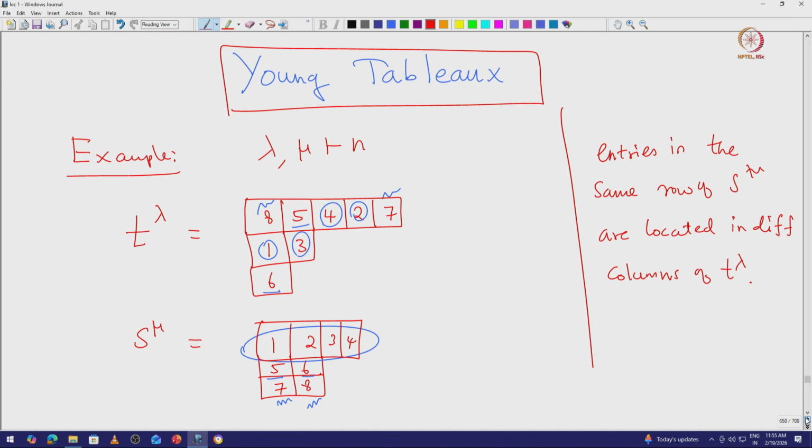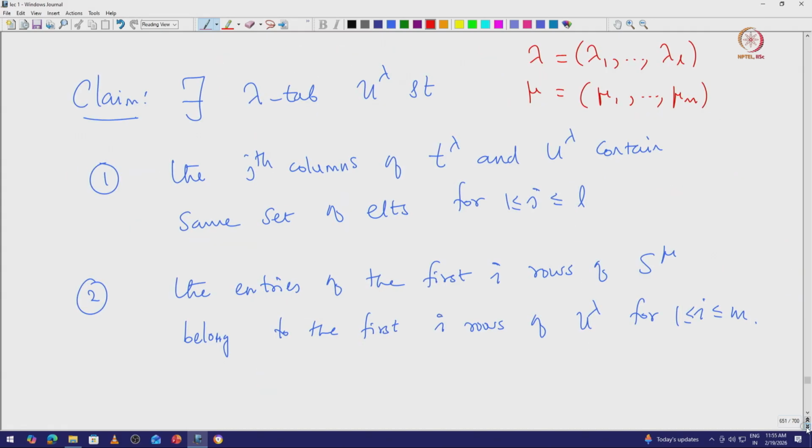We have the lambda tableau T lambda and S mu satisfying this condition. Once this condition is satisfied, we will be able to find another lambda tableau U lambda satisfying these two conditions. That is the claim that we have made.